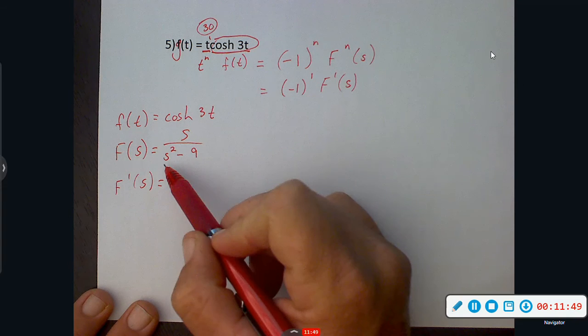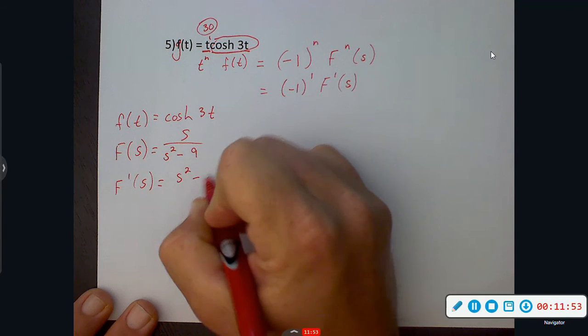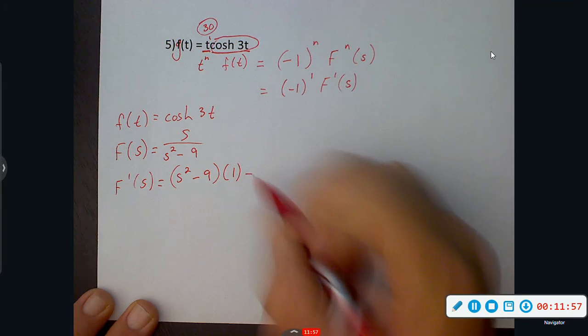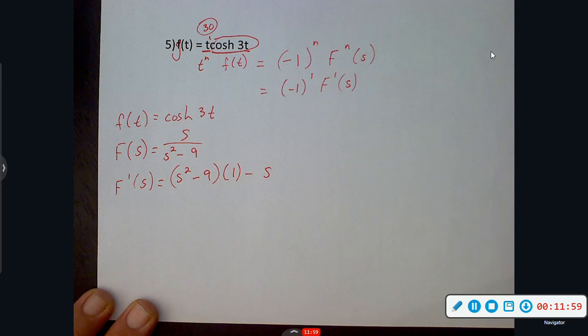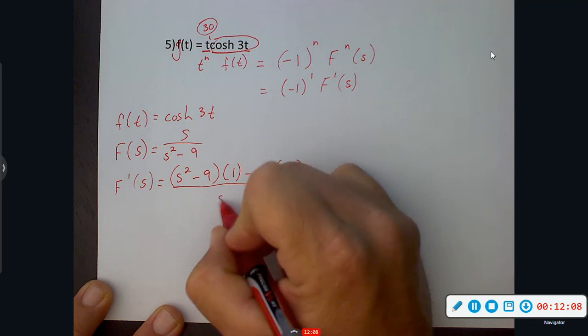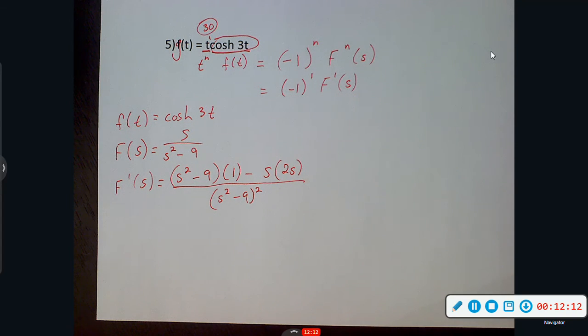All right, s squared minus 9, low d high, derivative of the high is 1, minus high s, d low, derivative of the low, just 2s, all over low low. It was like the Sound of Music or something. Low d high minus high d low over low low. Never do that in class, but I'll do it behind the screen.